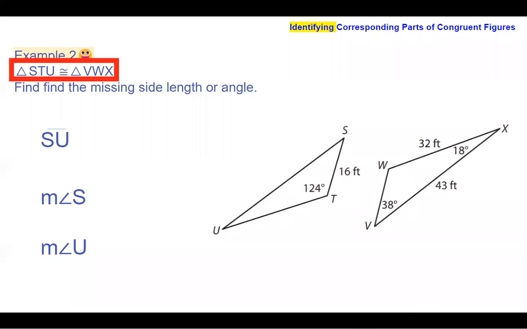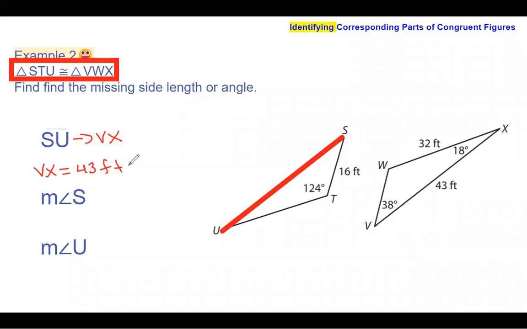So for this one, we're going to focus on the first length. The first length that we're given is SU. SU is this one right here. Now, by looking at my other figure, it's very obvious which side is corresponding to that. So which one is it corresponding to? It would be VX in this case. So let's write that it's corresponding to VX. So what is the length of VX? 43 feet.